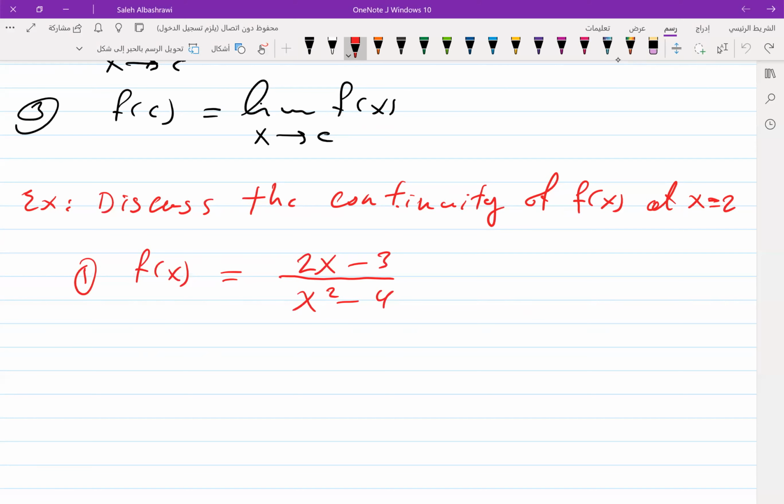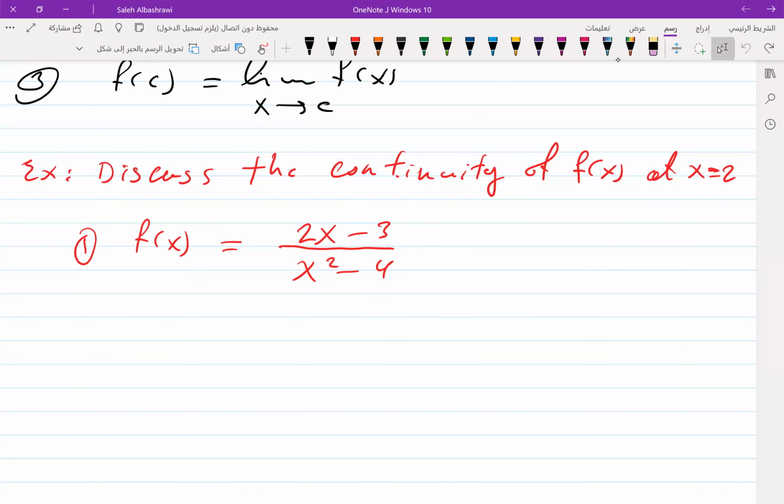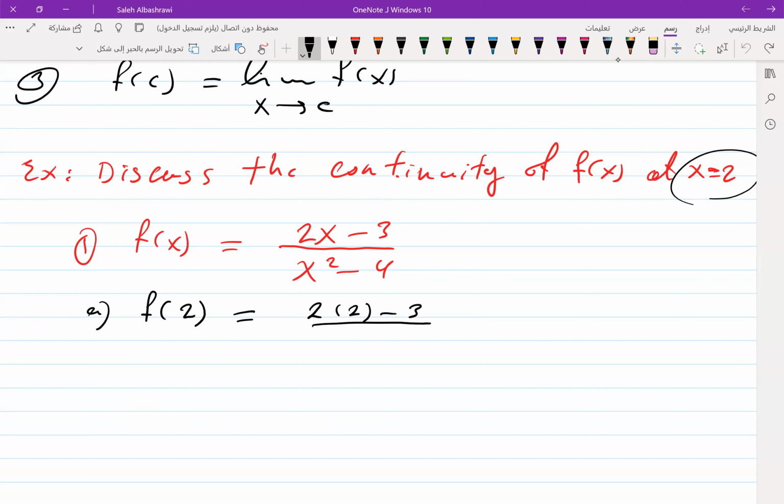So in the first condition, let's find f of 2. The first condition says that f of c is defined. So let's find the value of the function at x equal to 2. Replace x by 2. So I will have 2 multiplied by 2 minus 3 divided by 4 minus 4. That is 1 over 0.